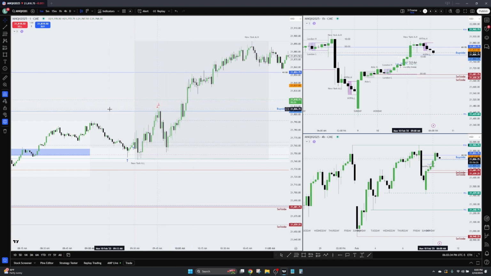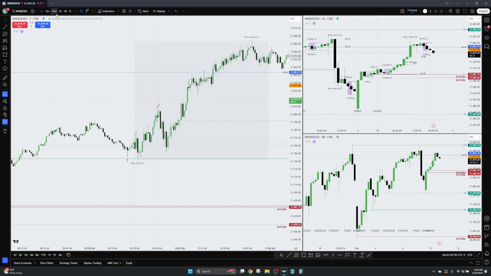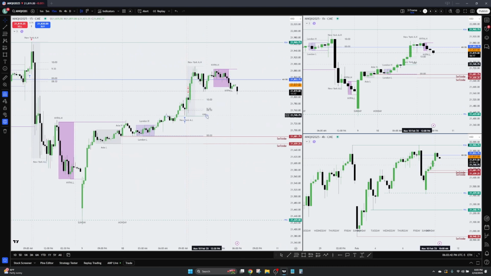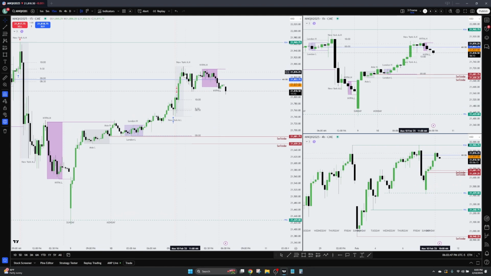So I'm going to go ahead and clean up this chart because I don't like to have all this nonsense on the chart. I'm going to keep this liquidity down here because those are major liquidity points. You can see where the market is kind of rolling over, right?